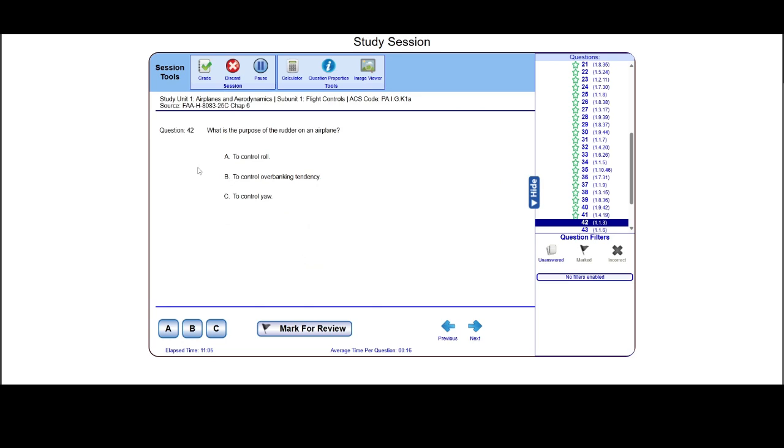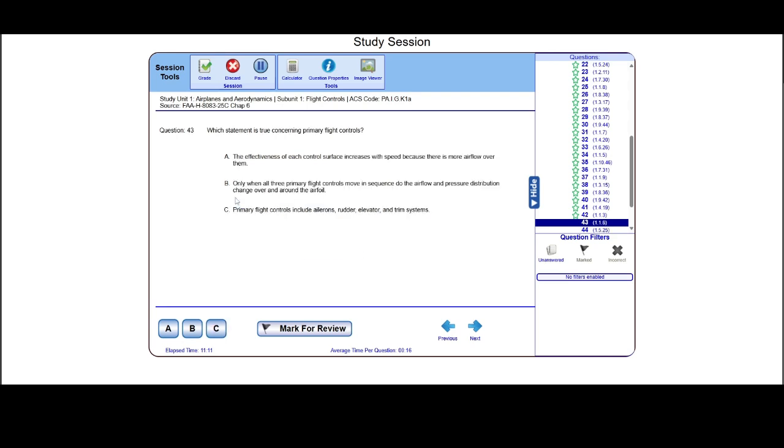Just answered this. The rudder controls left and right, so it will control yaw, which is a horizontal force. Which statement is true concerning primary flight controls?